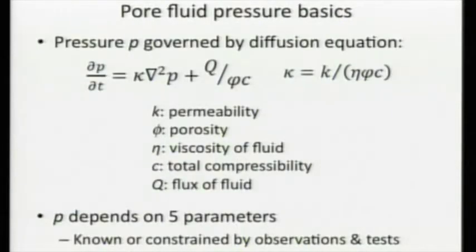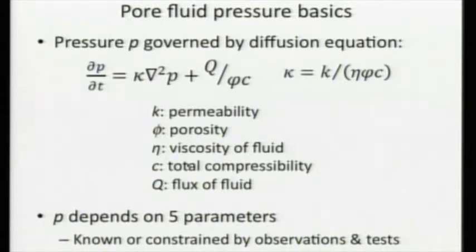All right, so now to move from tectonics to reservoirs, we need to include the effects of pore fluid flow. And just a few words here about the basics of pore pressure diffusion. The change in pressure with time is related to the diffusivity times the second derivative of the pressure field plus a flux term. And if you put in the equations for Darcy flow, you end up with 5 parameters in this equation.